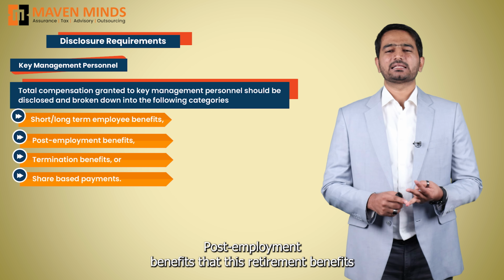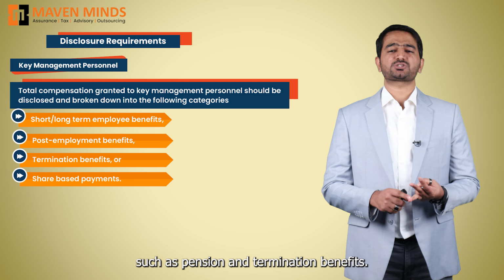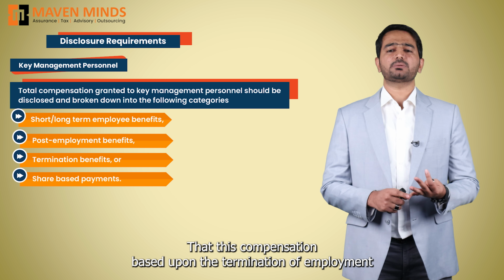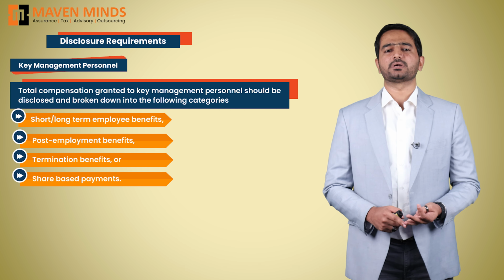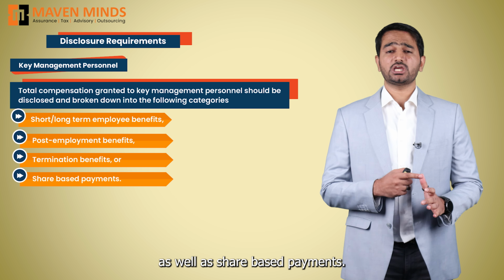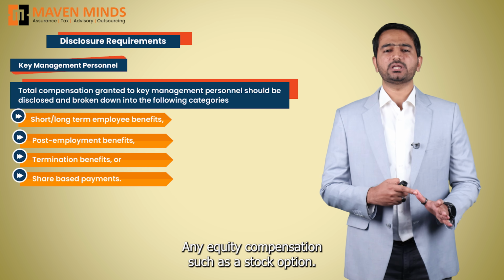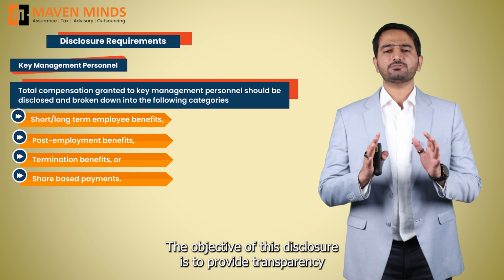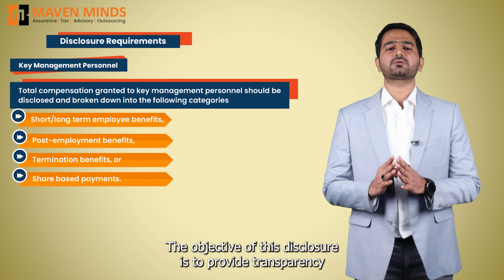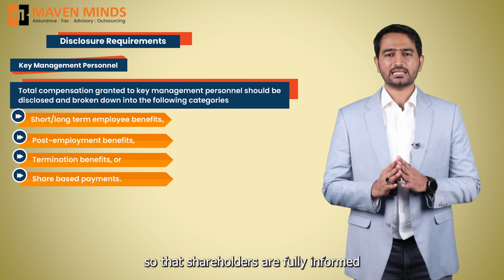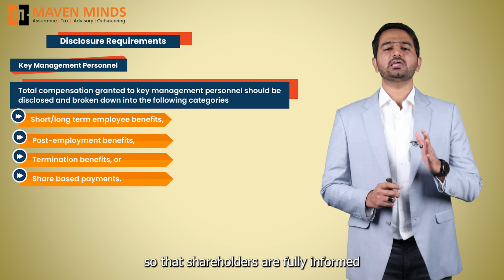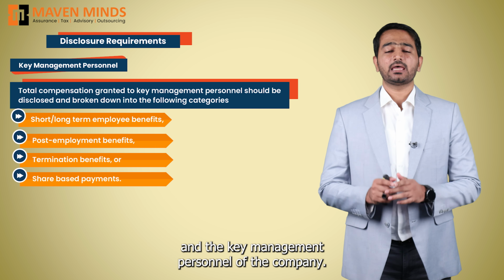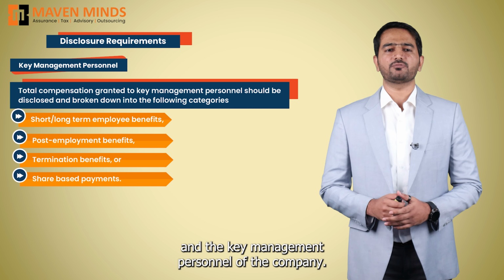Post-employment benefits, that is retirement benefits such as pension, and termination benefits, that is compensation paid upon the termination of employment, as well as share-based payments, any equity compensation such as stock options. The objective of these disclosures is to provide transparency so that shareholders are fully informed about what is being paid to the directors and the key management personnel of the company.